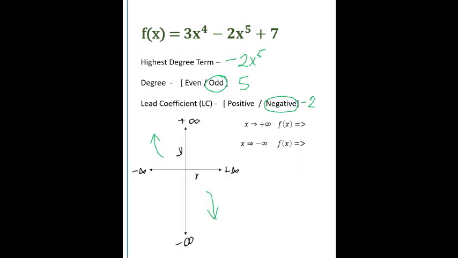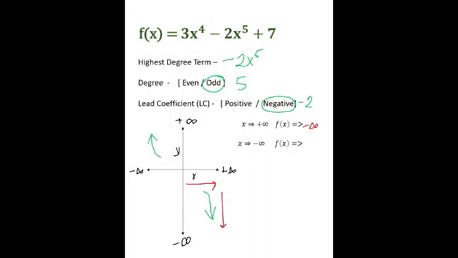So as x moves towards positive infinity, f of x moves towards negative infinity. As x moves to negative infinity, f of x moves to positive infinity.